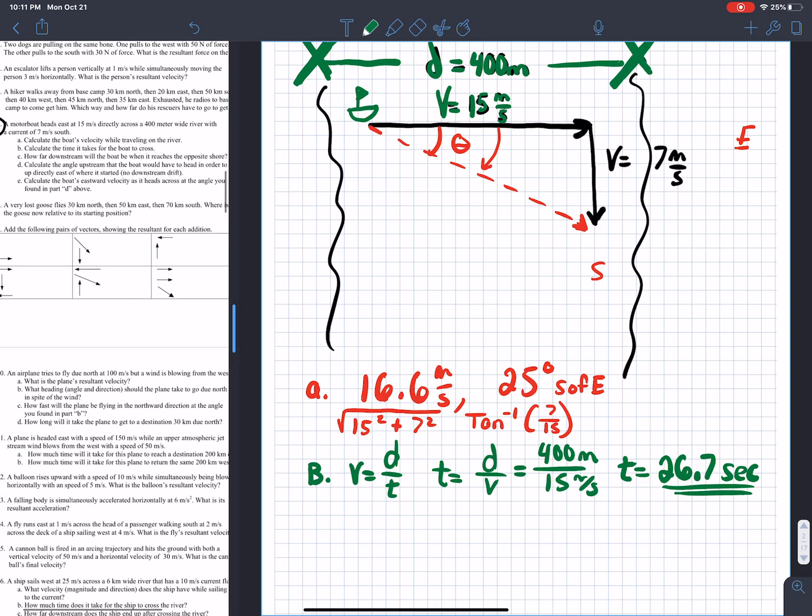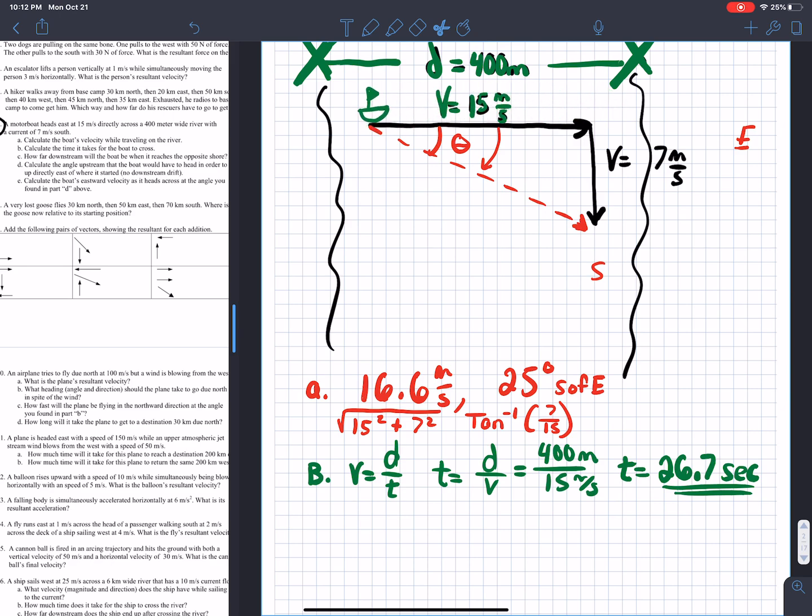Says, letter C, how far downstream will the boat be pushed as this boat is moving across the river? All right, now, time is an independent variable. It doesn't matter if that boat is moving across the river. It's going to take 26.7 seconds for it to get across the river.